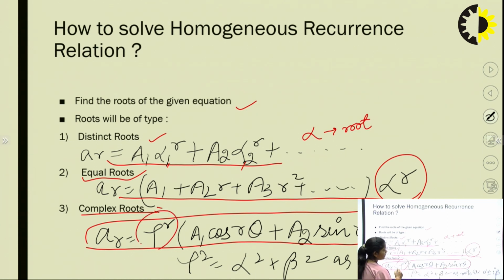Basically gamma is the magnitude, given by the square root of alpha squared plus beta squared, where alpha and beta come from the roots of the equation. Like, we have complex roots in the form alpha plus or minus iota beta. So these are the types of roots we find, and accordingly we solve the homogeneous recurrence relation.